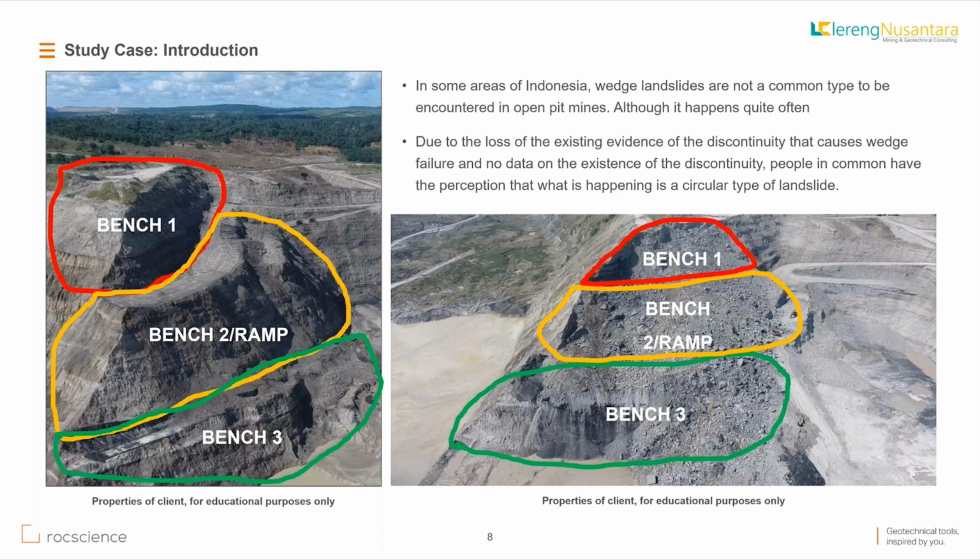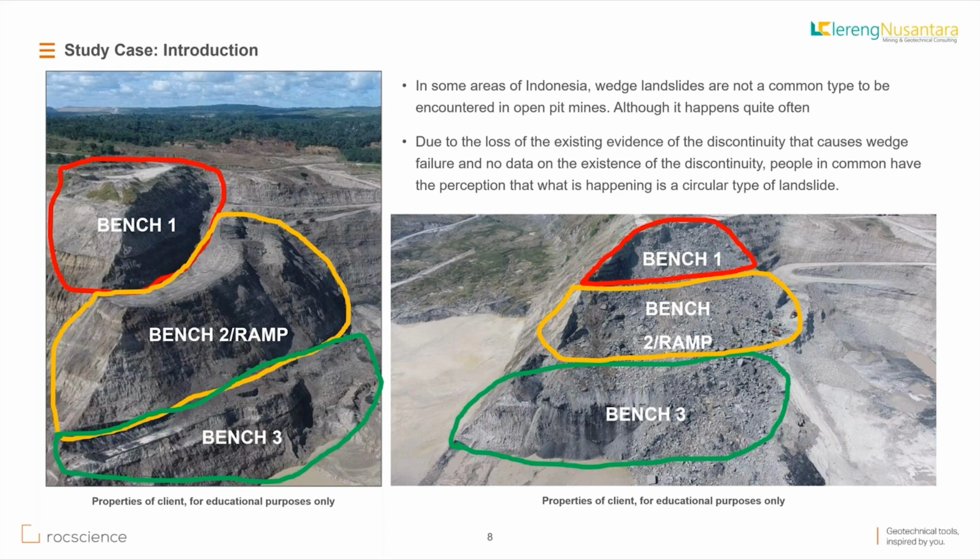The thing is, wedge failure is quite common in mining slopes, especially mining that operates near geological fault axes. It might be due to the loss of the existing evidence of the discontinuity that caused the wedge failure to become unrecognizable, and also might be the lack of collectible discontinuity data on the site.